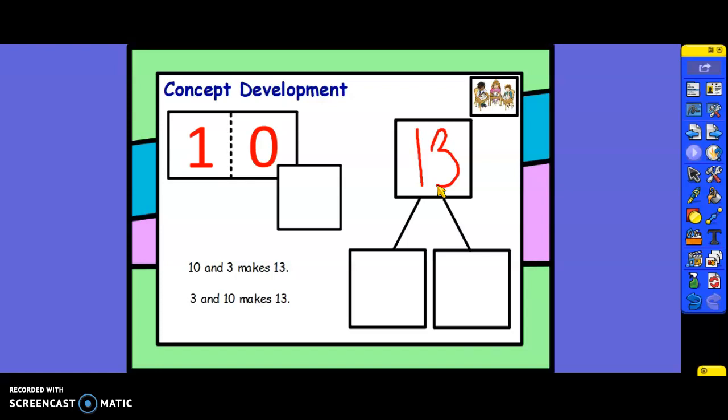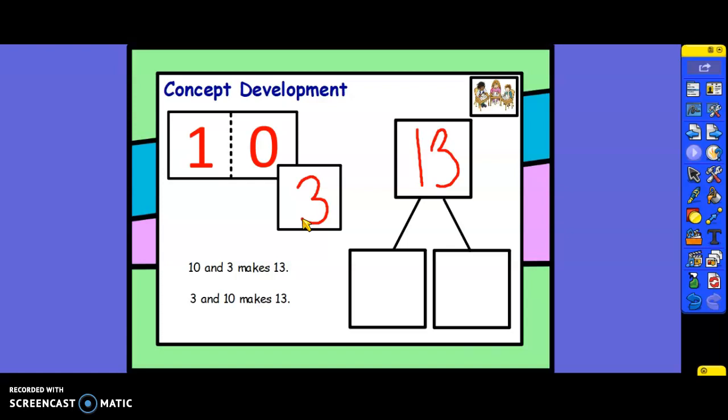Look at your say 10 cards, your hide 0 cards. We have a 10. That's one of our parts of 13. And think about what your other part of 13 would be. 10, yes, and 3. So we can say that number 10, 3, or we can say the regular way 13.